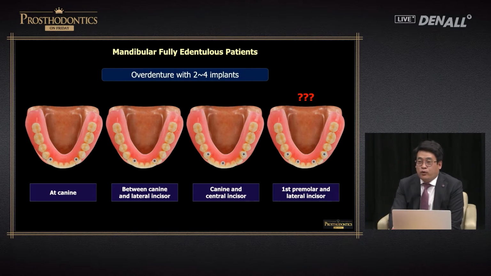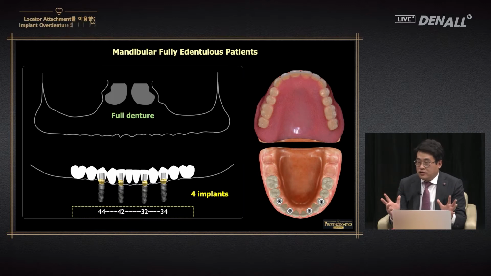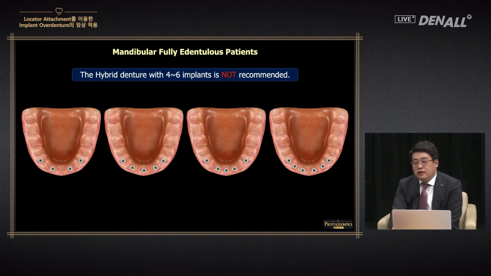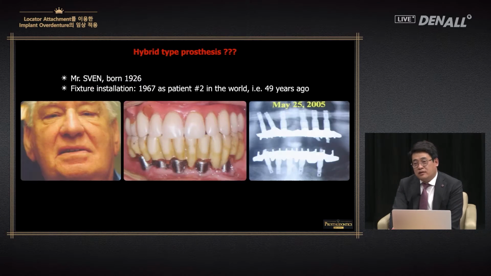The so-called all-on-X, you place a couple of implants and do a cantilever pontic. There are people who provide these kinds of prosthesis. However, personally, I don't like this type, placing about 6 implants and providing hybrid type prosthesis, because when you do follow-up checks, there are so many maintenance problems.